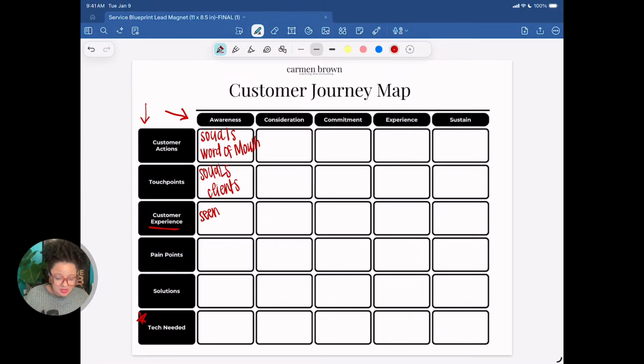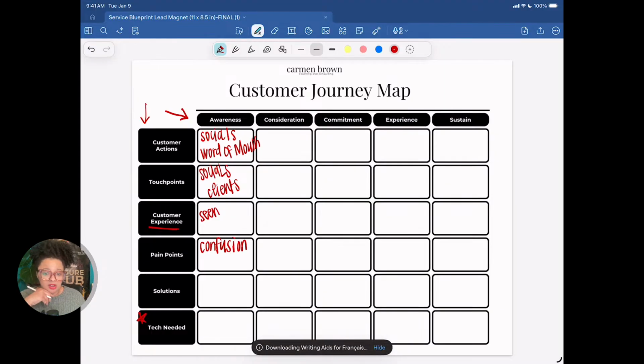Maybe they are experiencing some type of confusion. Maybe they are confused because your content is all over the place. Maybe they are confused because you haven't been talking directly to them. What are their pain points?